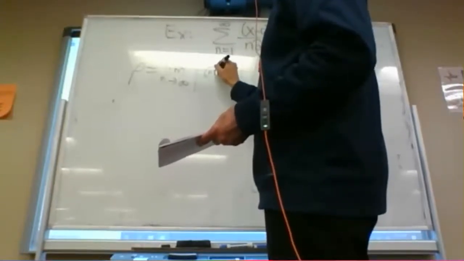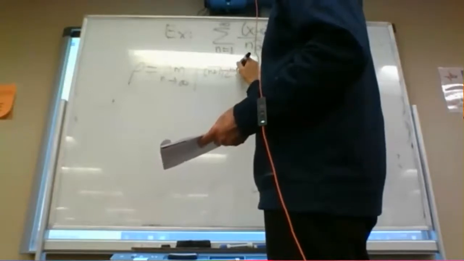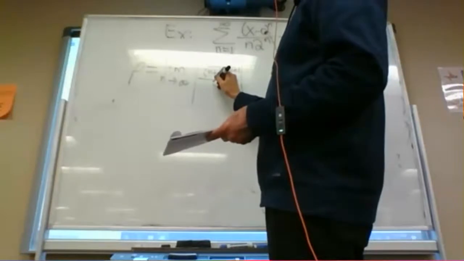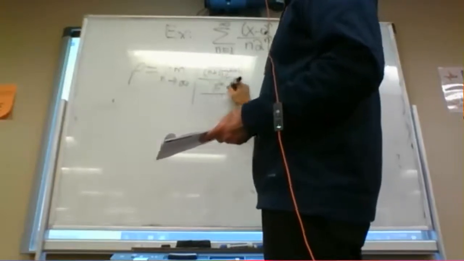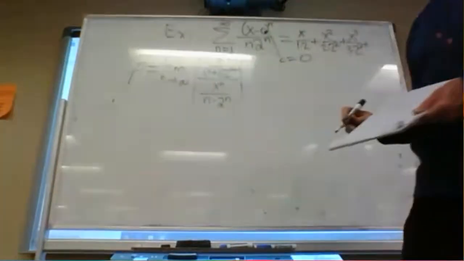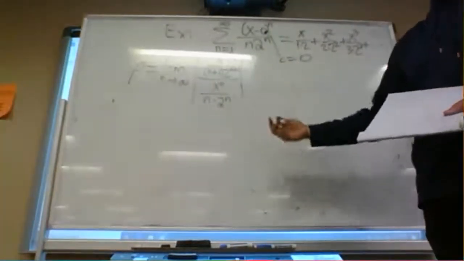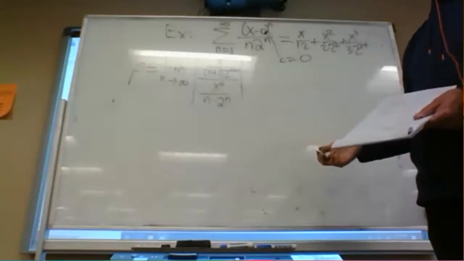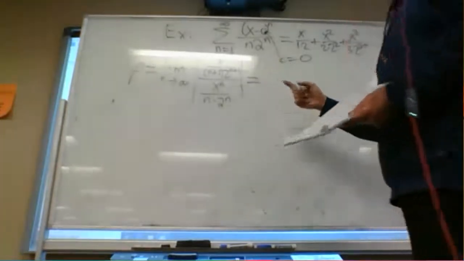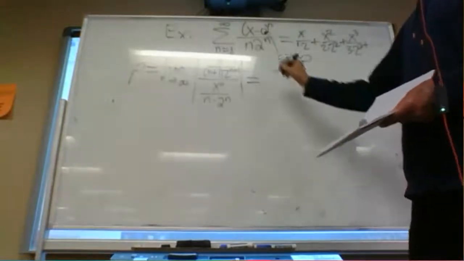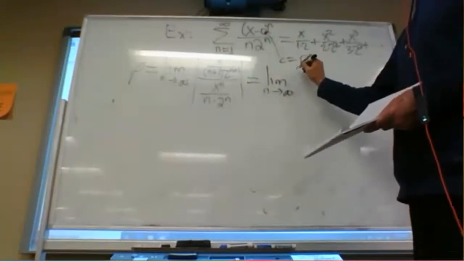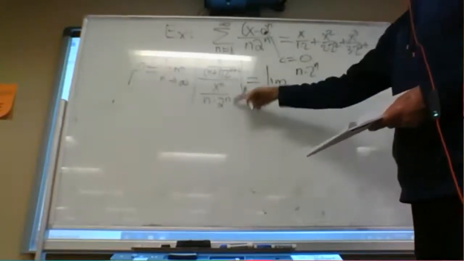So we've got the absolute value of x to the n plus 1 over n plus 1 times 2 to the n plus 1, that's the n plus first term, divided by the nth term, x to the n over n times 2 to the n. So there's the ratio test. Where that's less than 1, we get convergence. Where it's greater than 1, we get divergence. Where it's equal to 1, we can't tell from this test, we have to do it another way.